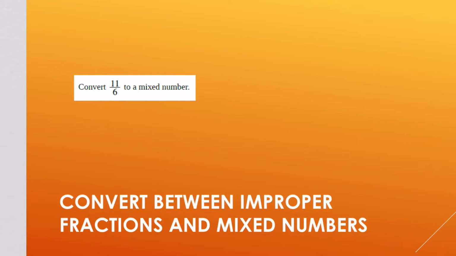Okay, so if I want to convert 11/6 to a mixed number, you ask yourself, how many times will 6 go into 11 without going over? It will go in 1 time, and what is my remainder? My remainder is 5, and your denominator doesn't change.